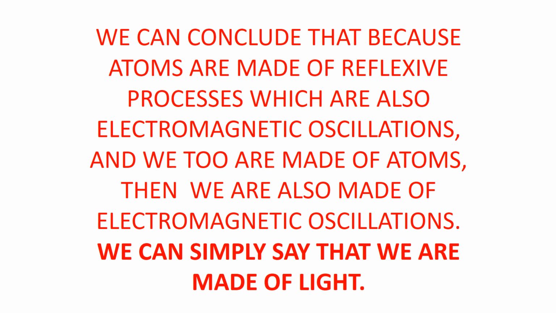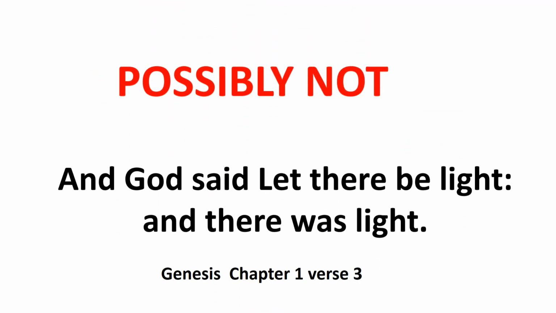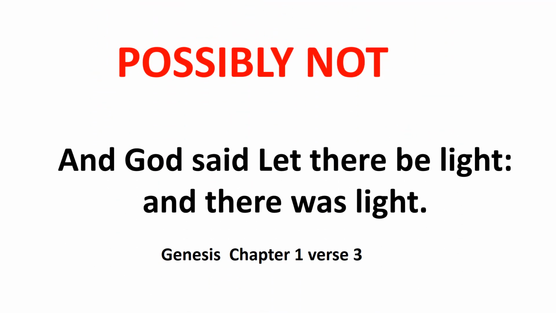We can simply say that we are made of light. Is this news? Possibly not. It seems light has been recognized as being important for a long time. Genesis chapter 1 verse 3 says, "And God said, Let there be light, and there was light."